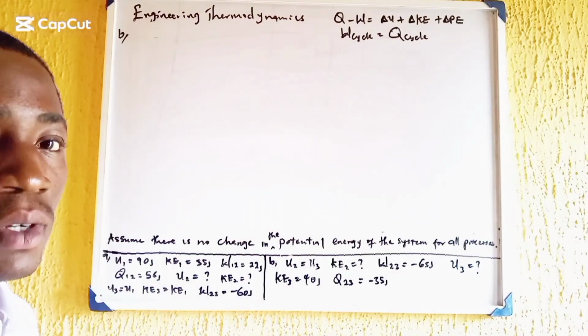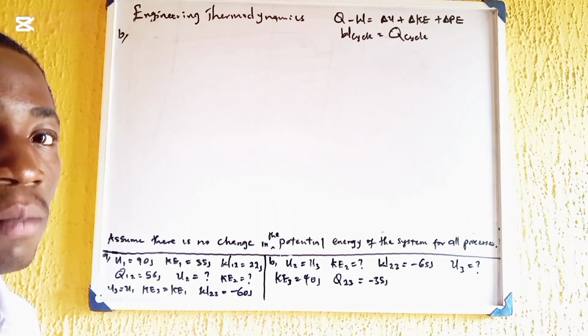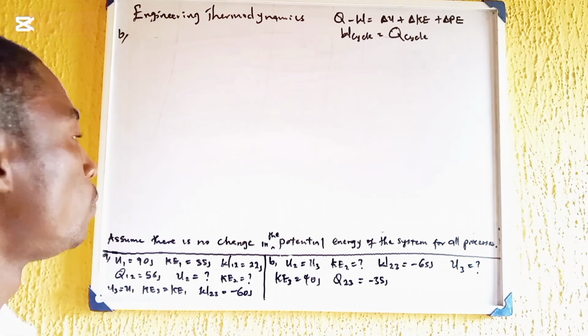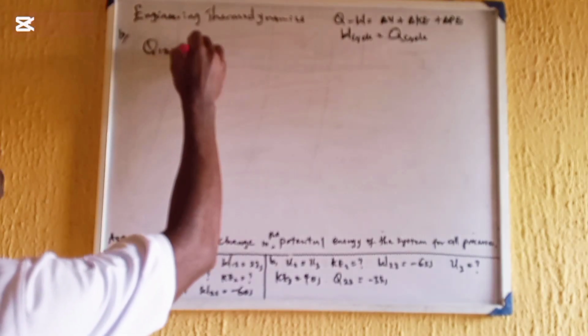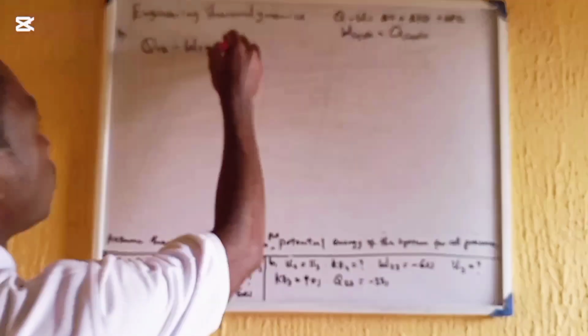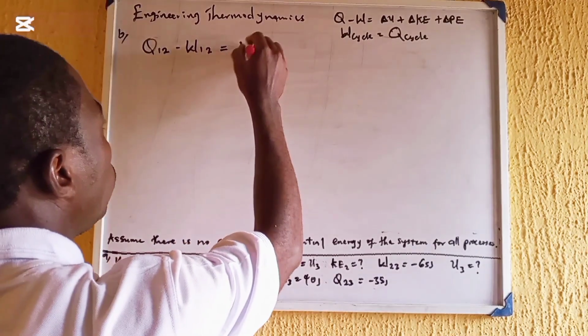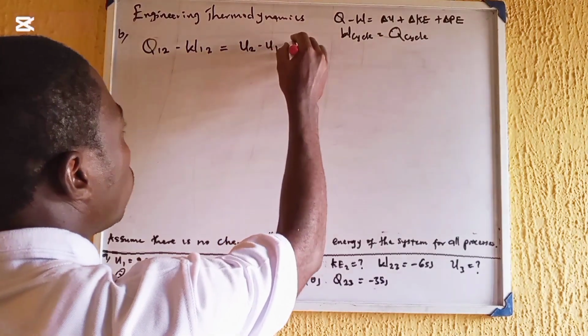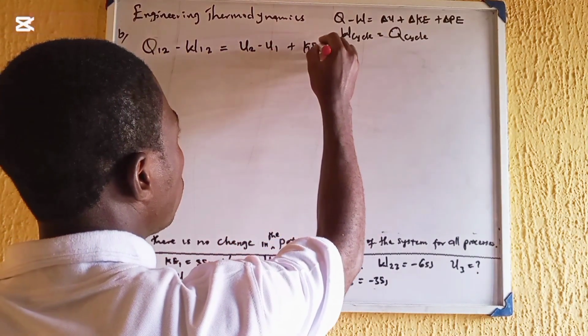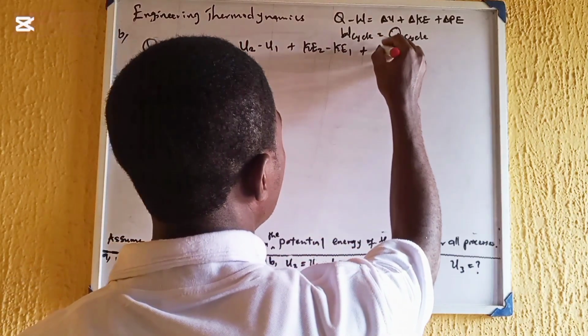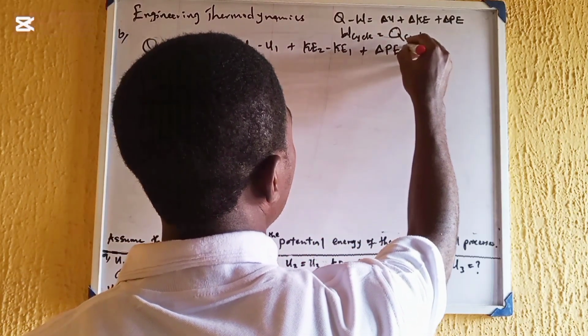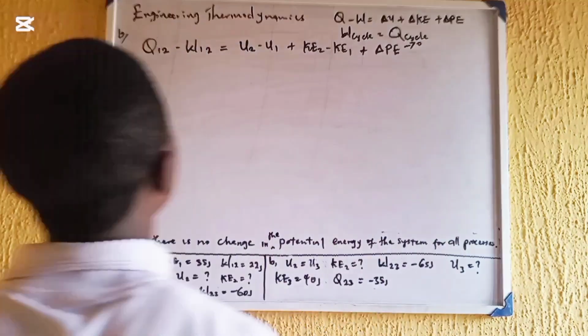So for the B part, the only thing that changed is process 2, 3. Process 1, 2 is still the same. Now we are having Q12 minus W12 equal to U2 minus U1 plus KE2 minus KE1 plus change in PE, and this is 0.